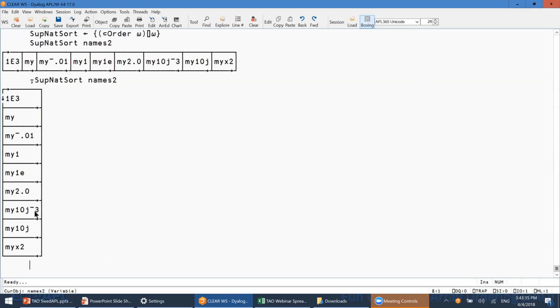And this is 2, and so on. Notice that 10J negative 3 comes before 10J, even though nothing comes before something, but that's because we're looking at this as an entire number. And remember that we have this rule where a negative imaginary part comes before the plain real number. So that works. Anybody understood what was going on?